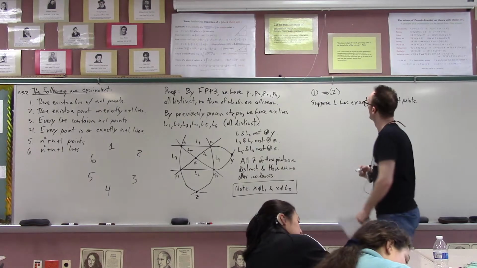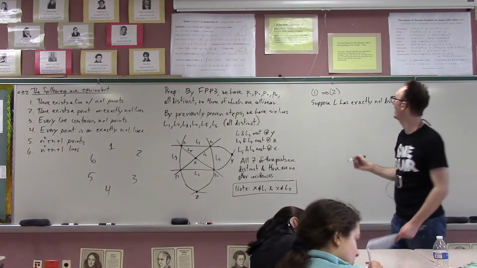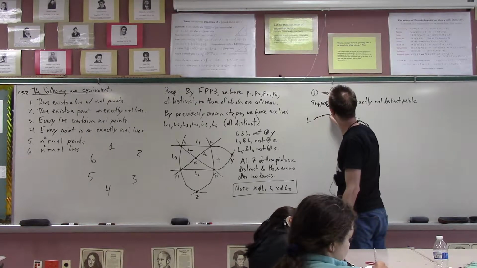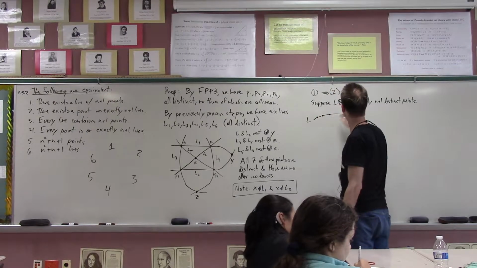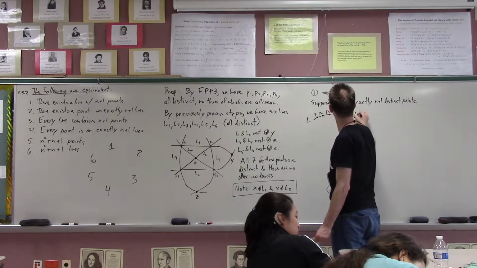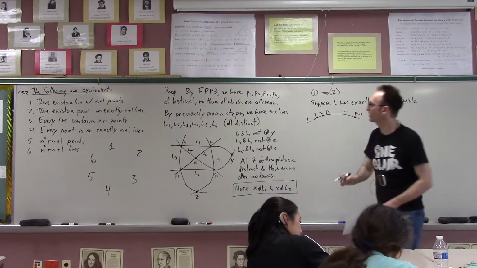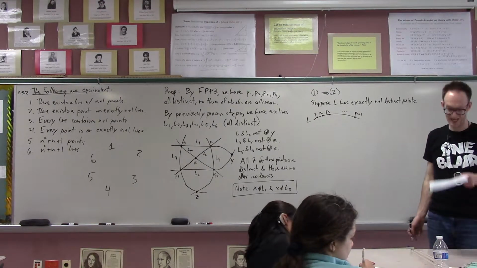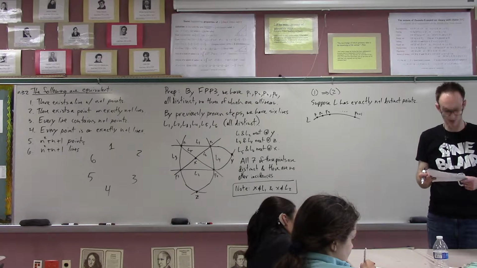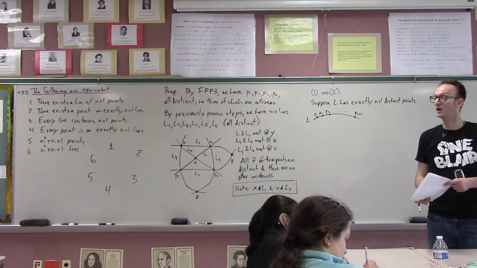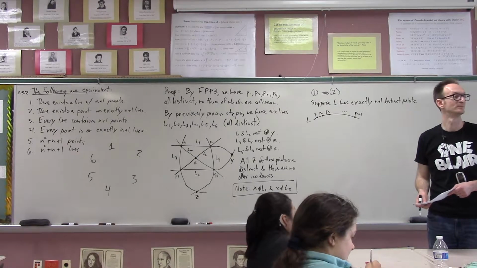Here's my line L, and here are my points that are on it: P1, P2, P3, up to P_(n+1). What do I need to show? I need to show that there exists a point which is on exactly n plus 1 lines. Thoughts?